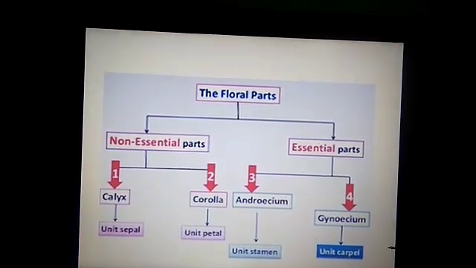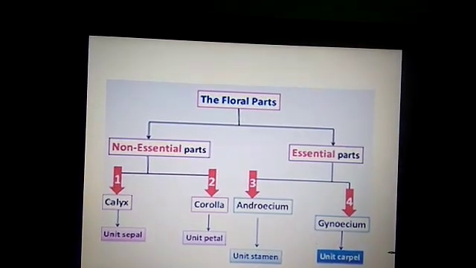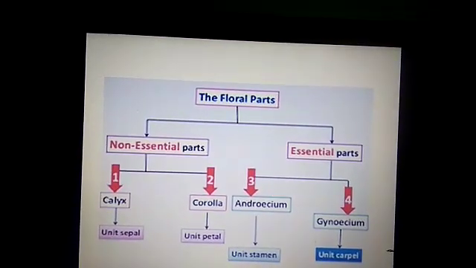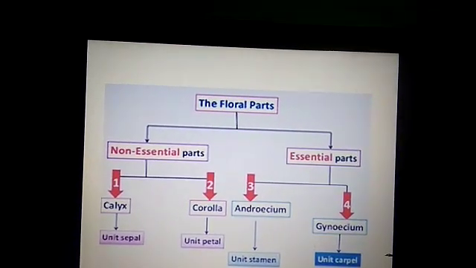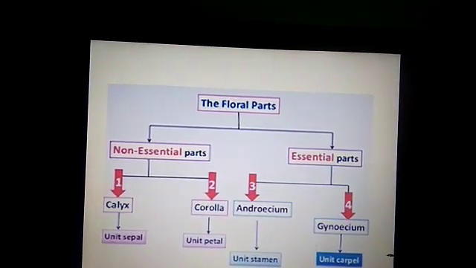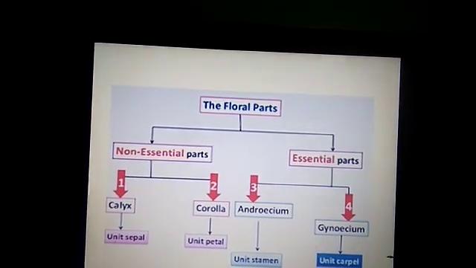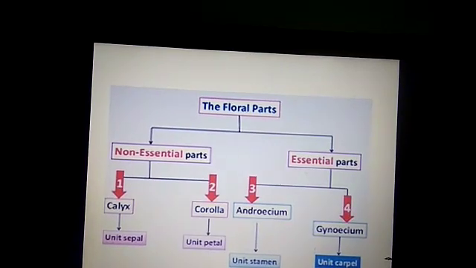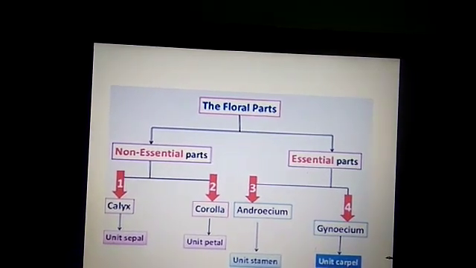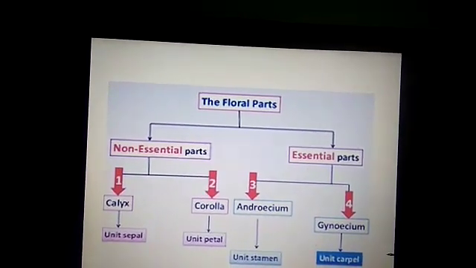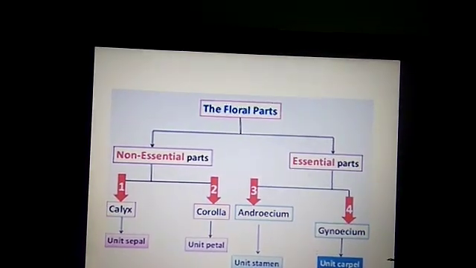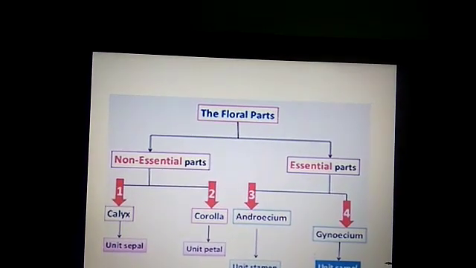The non-essential, or accessory parts, simply help by either protecting the reproductive parts of the flower or making the flower attractive for pollination.